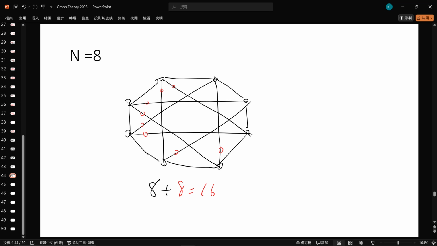When n is 8, the number of edges in the complete graph will be 28. Okay. So actually for the case where n is 8, there's a better way to create a graph.